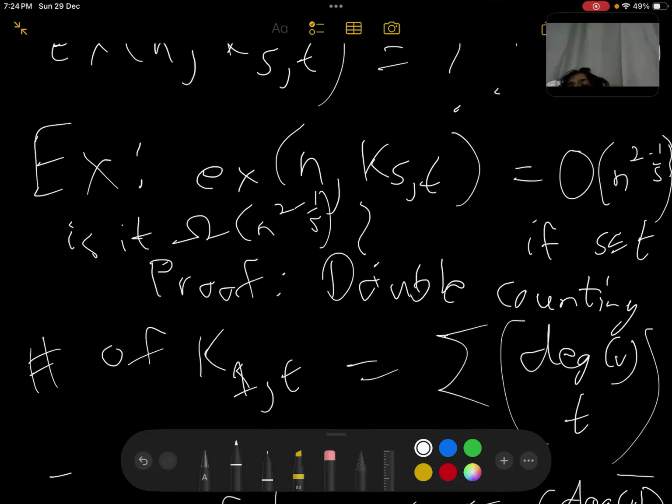But then what's the maximum number of edges you can have without containing a KST? Can you have at least n raised to 2 minus 1 by s edges, up to some constant, without containing a KST? That's not known. It's only known if T is much bigger than S or something. But if S and T are comparable, then it's not really known.